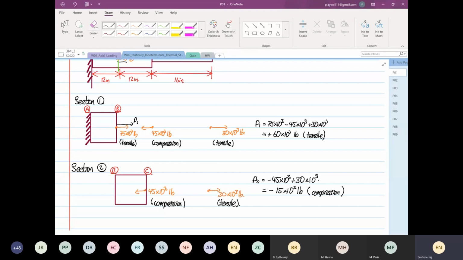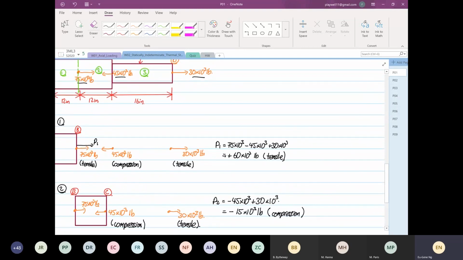Good question. So we know that we have a load down here of 75 times 10 to the power 3 pounds, and we did not include that. So is there any tricks? And the answer, there's no tricks.